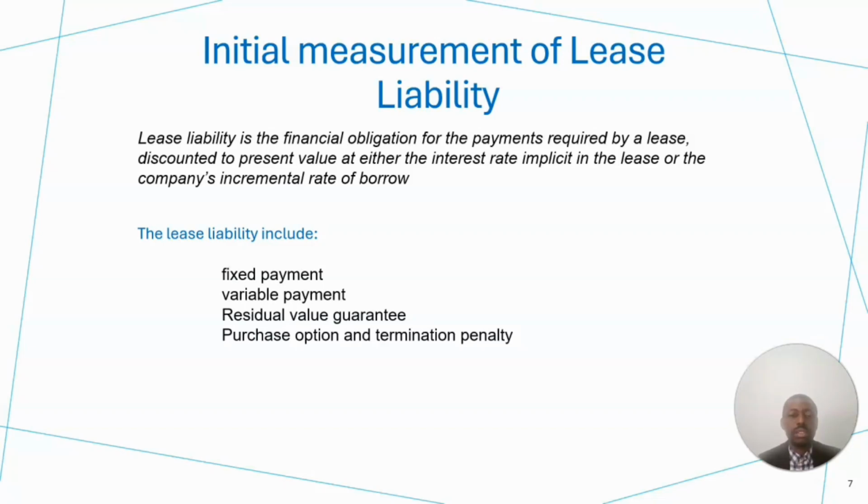Termination penalty: where the lessee has the right to terminate and there's a penalty associated with that termination, then that will be considered as part of the initial liability. So put all these payments together, the present value of all of these payments becomes the initial liability to be recognized.